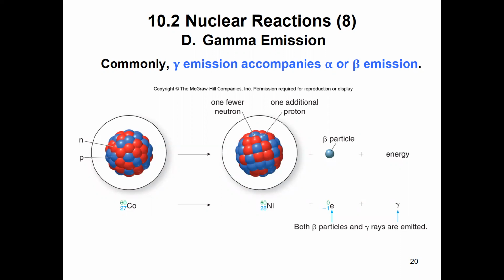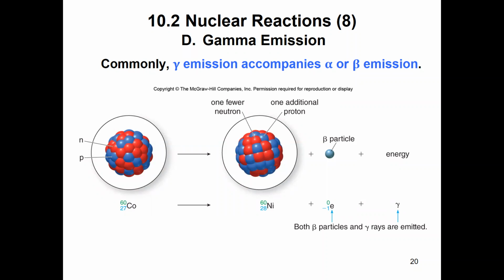So we need to add 1 to the atomic number of the new element. And so 27 plus 1 is 28. So the new element has atomic number 28, and that's nickel, according to the periodic table.